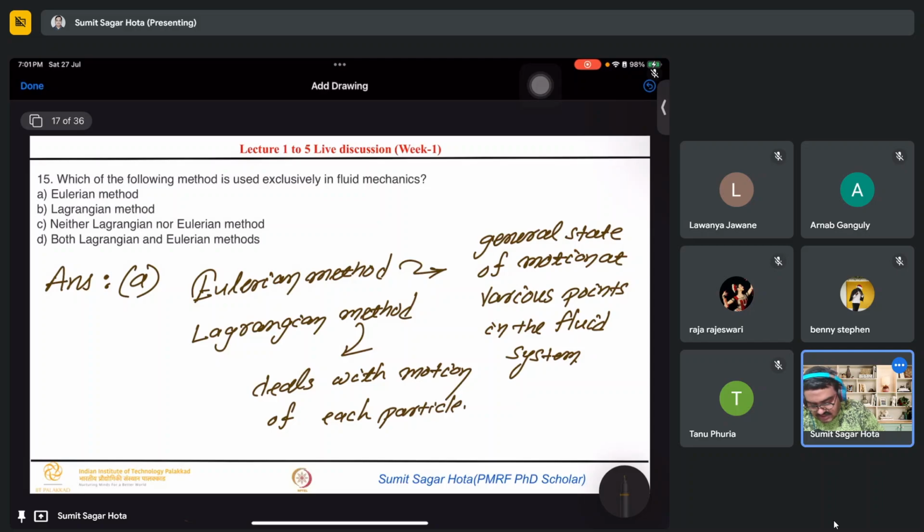That's the reason the continuum hypothesis and all these things came into existence. Okay, Eulerian methods. But at macro level, the Eulerian method is good.